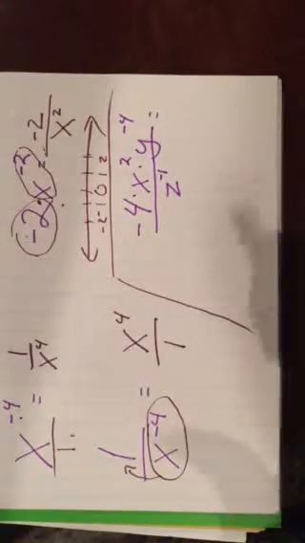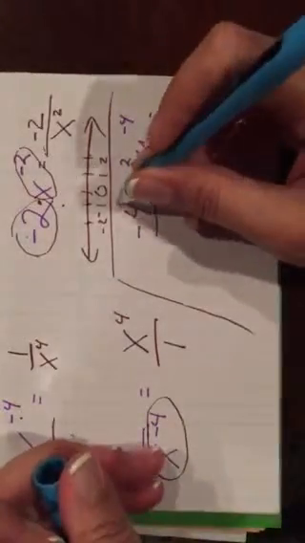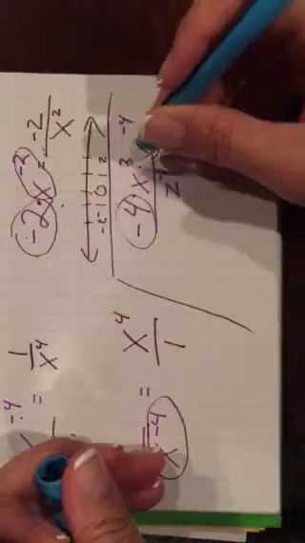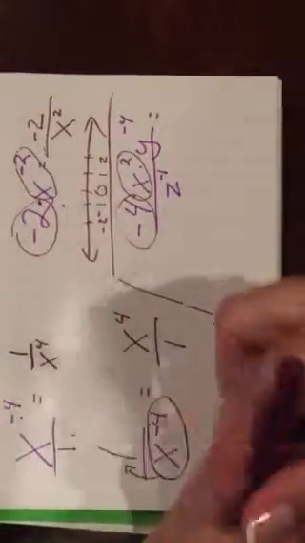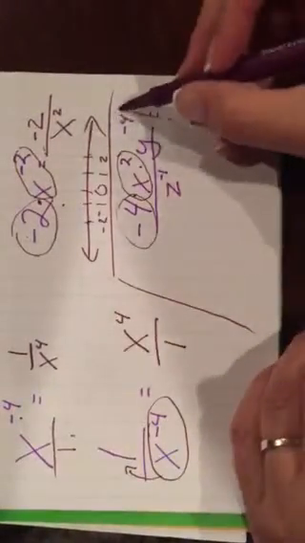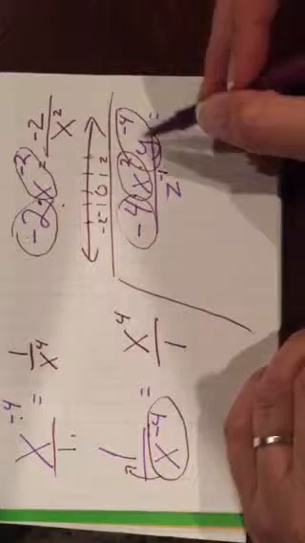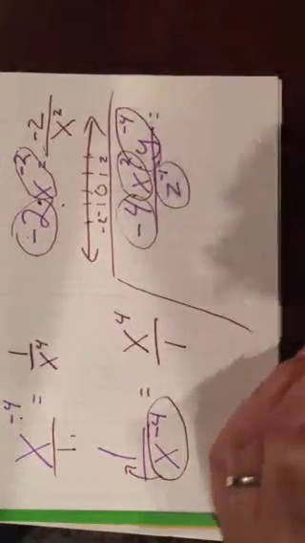So if you look at the different numbers I have here, I have a negative 4, I have x to the second power, and then I have a y to the negative 4 and a z to the negative 1.